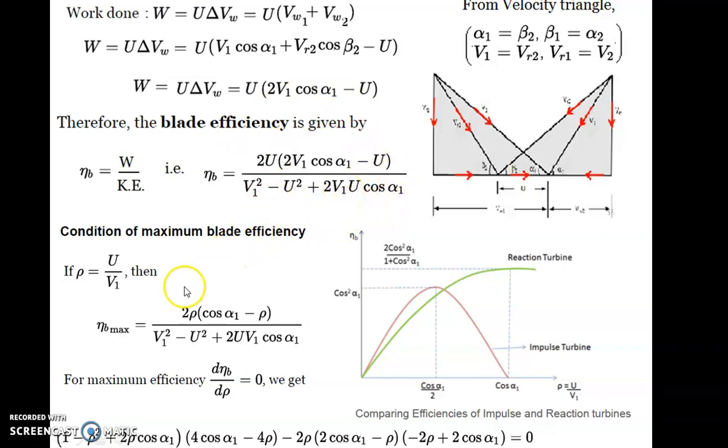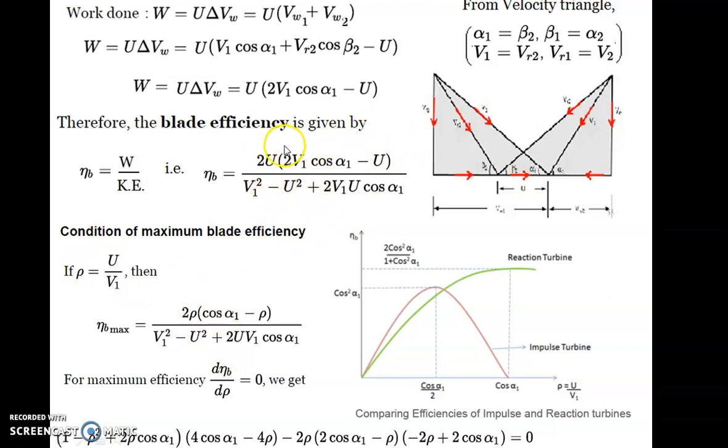Now, the condition for maximum blade efficiency. Last time we took the optimum blade speed ratio as ys. Here we should take ys, but let us take it as rho, as it is given in the book. So rho is U upon V1, called the blade speed ratio.